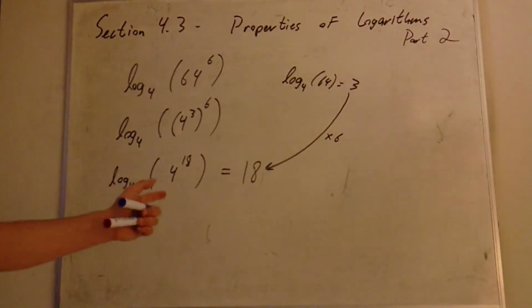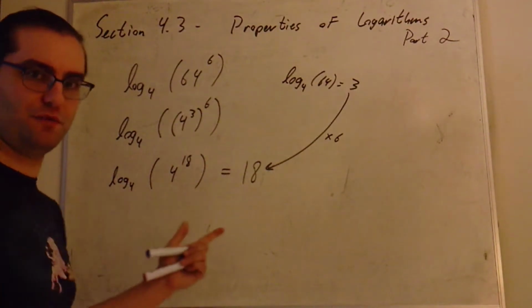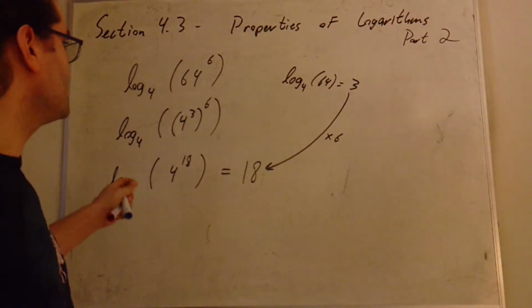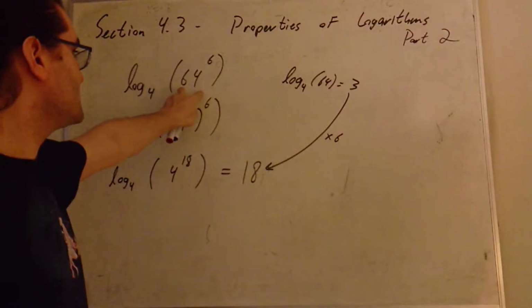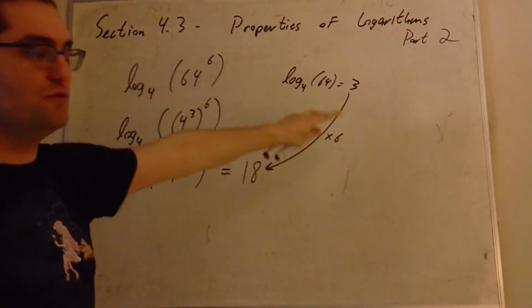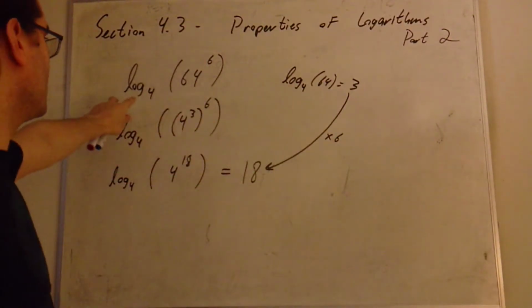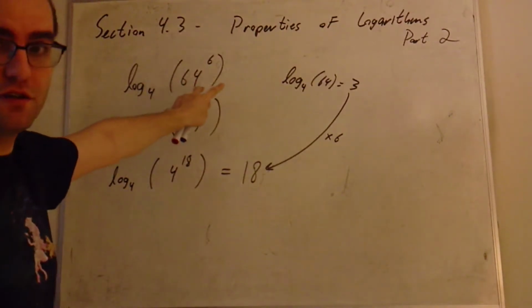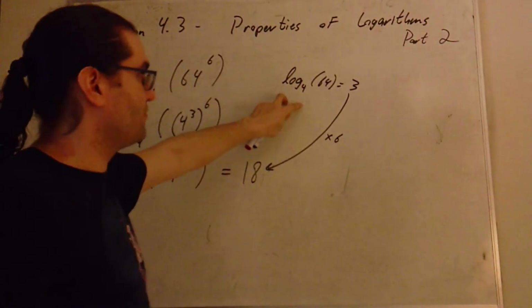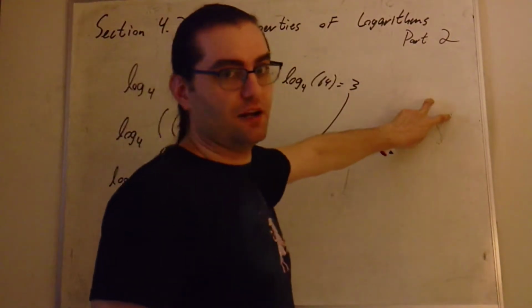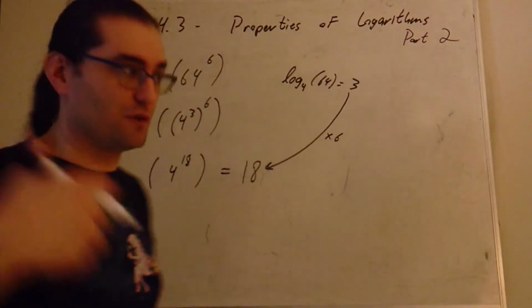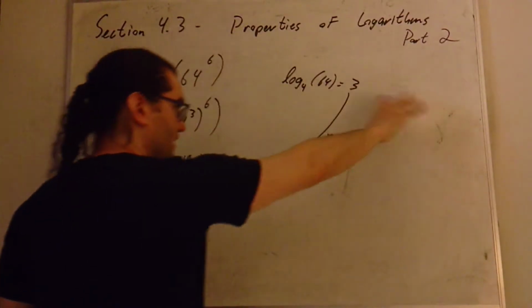So here's what's kind of different between this one and the other properties we did. With the other properties, we took the business inside this logarithm and we split it into two logarithms. So like when we had the logarithm of a product of two numbers, we split that into the logarithm of the first number and the logarithm of the second number. So there were two logarithms involved on the back end.